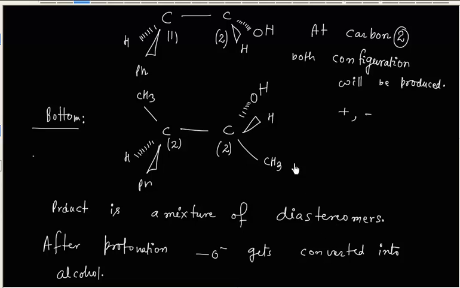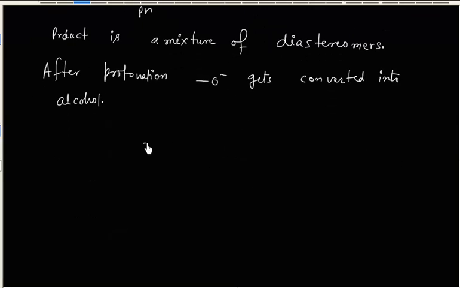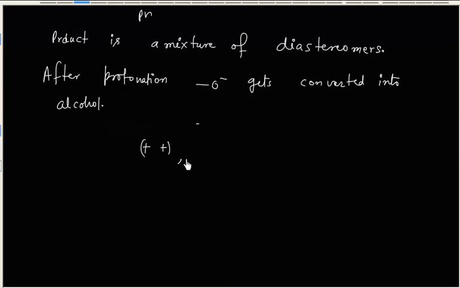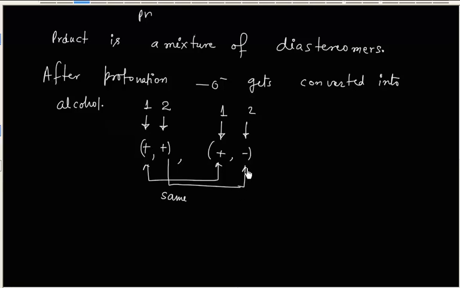So optical rotation, if this has plus, so this will also have plus, and for example let us say this is plus, then this will be minus. This means I am getting plus plus, another is plus minus. So this denotes carbon number 1 and this denotes carbon number 2. So carbon number 1 has the same configuration, but carbon number 2 has opposite configuration.